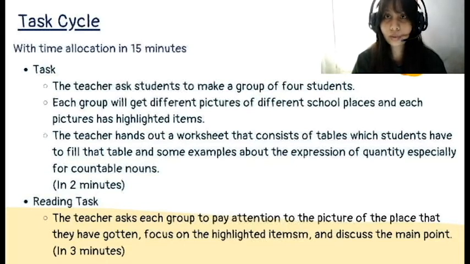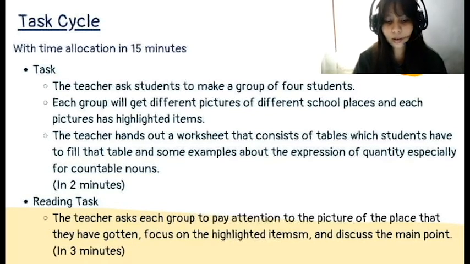So for the first one, the task, the teacher asks students to make groups of 4 students, and each group will get different pictures of different school places, and each picture has highlighted items. The teacher hands out a worksheet that consists of tables, which students have to fill in.